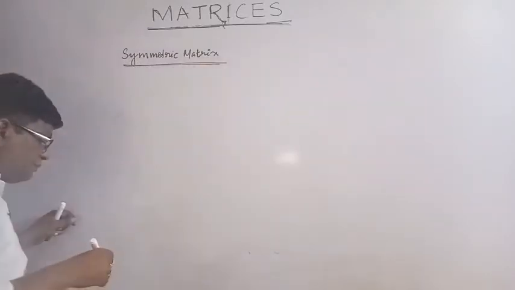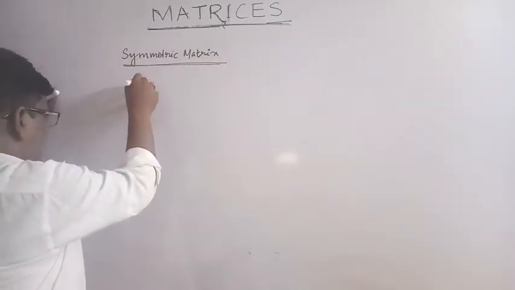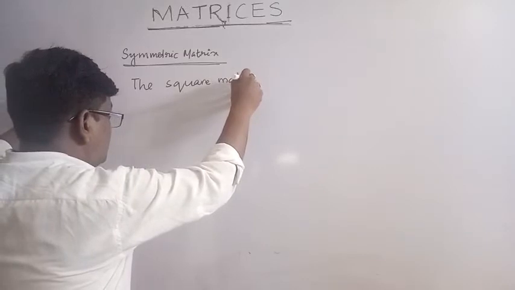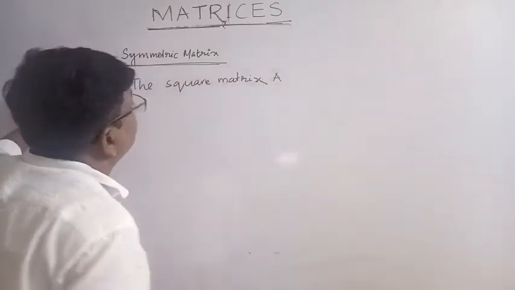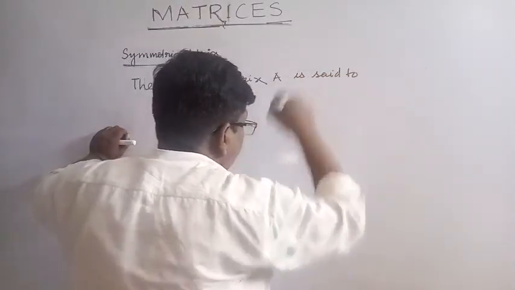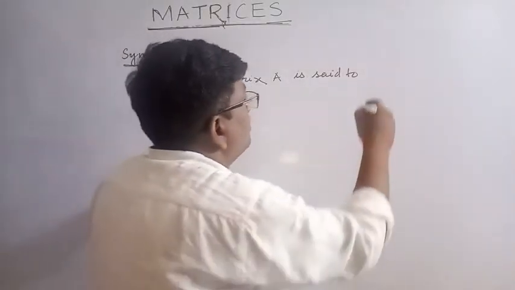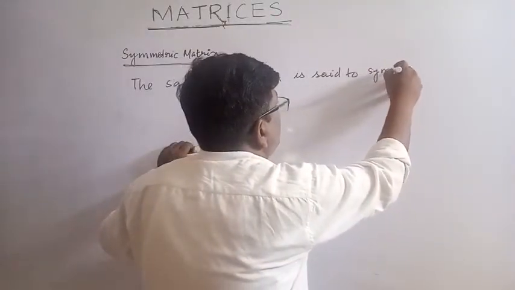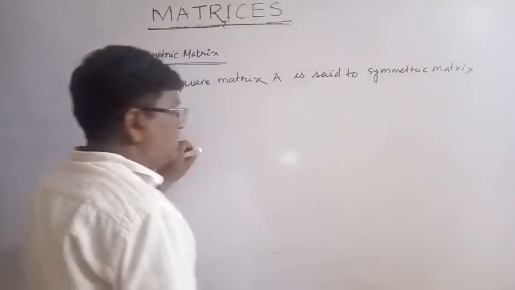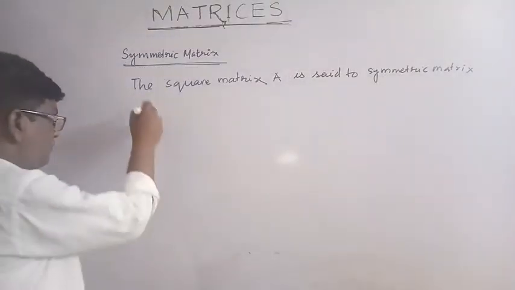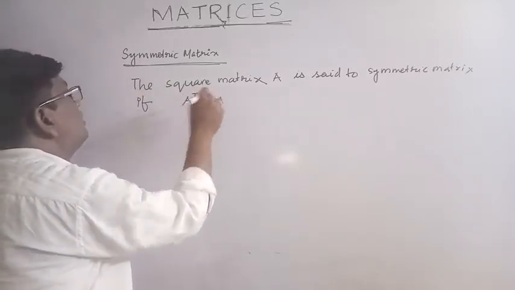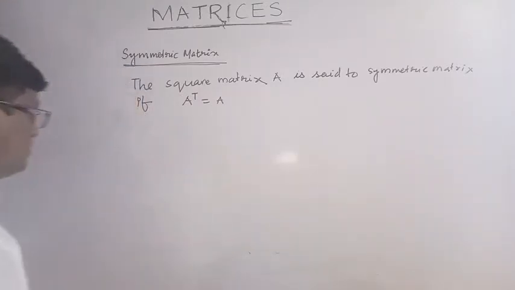The square matrix capital A is said to be a symmetric matrix if A transpose is equal to A. The transpose of this matrix is equal to itself.